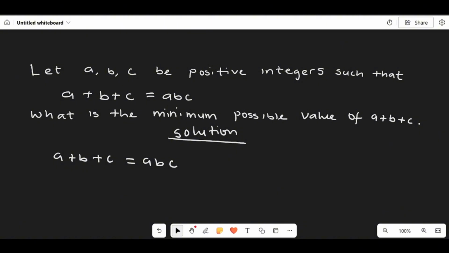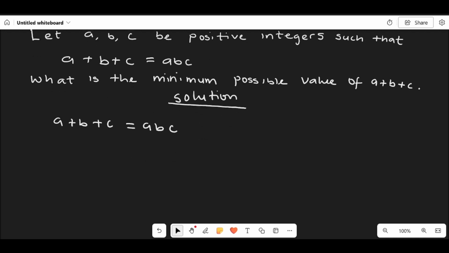This equation looks symmetric in a, b, c. That means if we swap their positions, the equation remains the same.